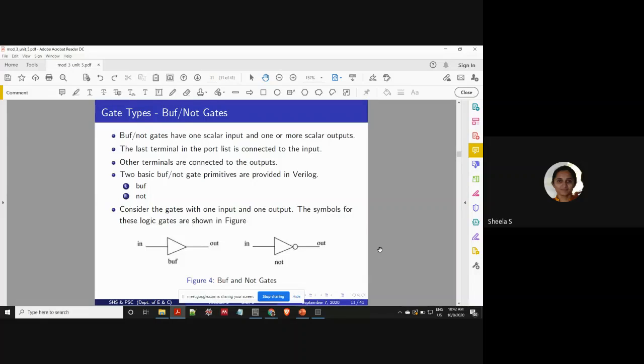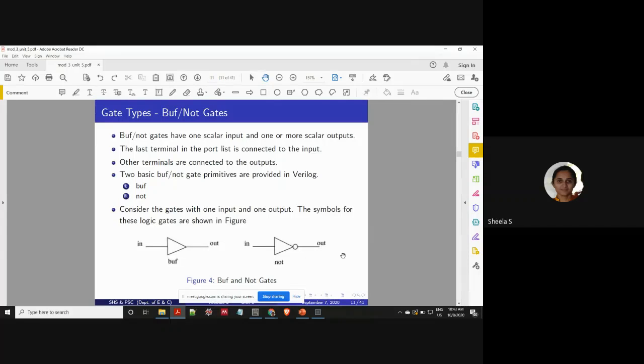That is the difference between the buffer and NOT gates as well as AND and OR gates. These are the corresponding symbols we use: input and output. The symbol of the NOT gate is similar to the buffer, but with a small bubble which negates the corresponding input.